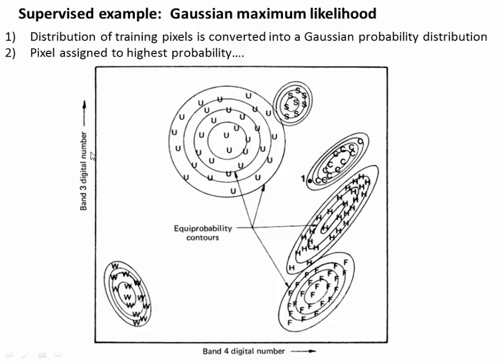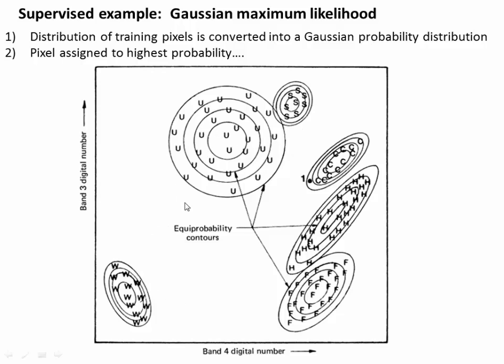And the way this works is visualized here. Let's say we had 6 desired user classes. That'd be water, farm, hay, corn, sand, and urban.